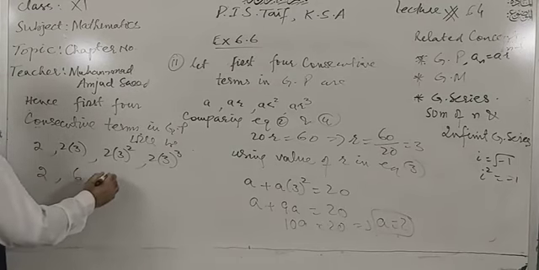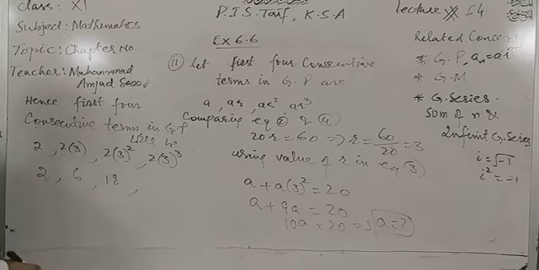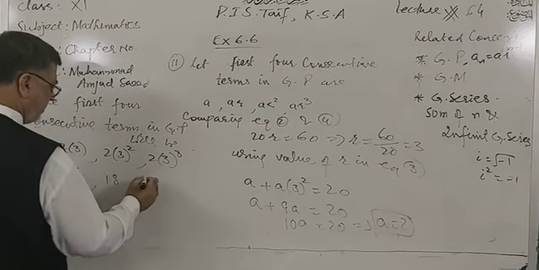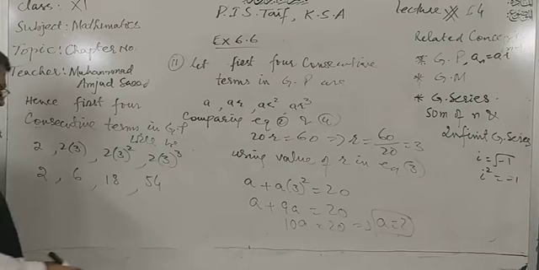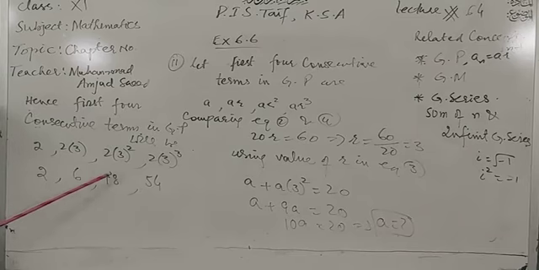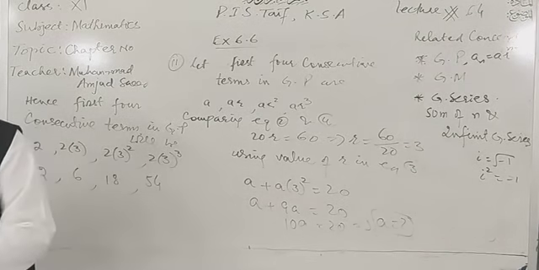That is 2, 6 and 18, then 54. Dear students, if you want to check: 2 times 3 is 6, 6 times 3 is 18, 18 times 3 is 54. So in this way, we have the first 4 consecutive terms of the GP. I hope that you understood this question.